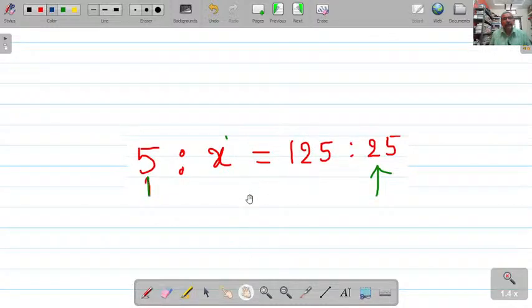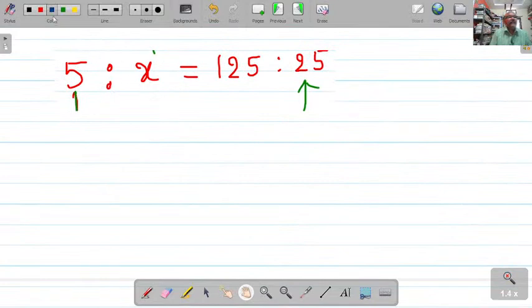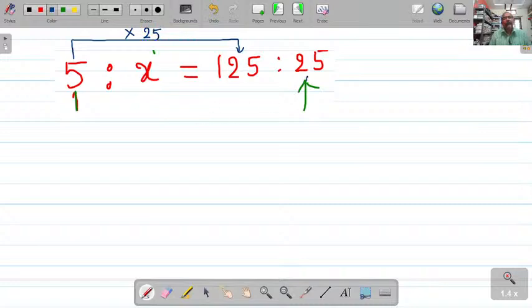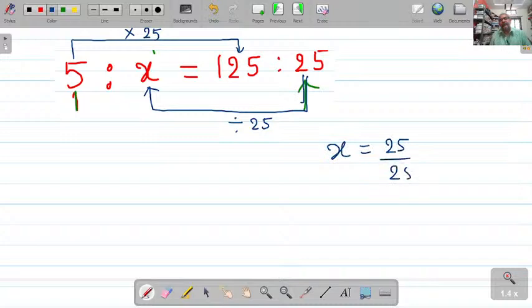Now see the relation between 5 and 25. 5 into 25 you will get 125. So in reverse, how do you get from here to here? Divide by 25. So x is equal to 25 divided by 25, so you will get 1. This is the observation method, the super shortcut method.